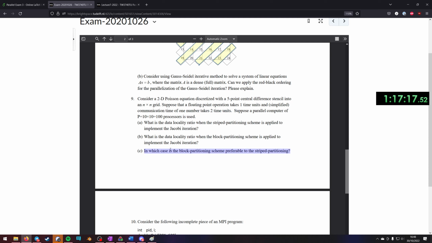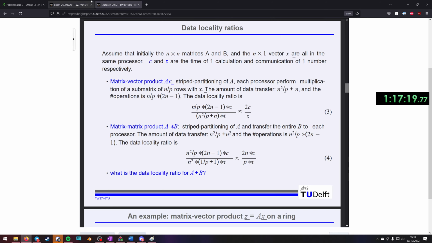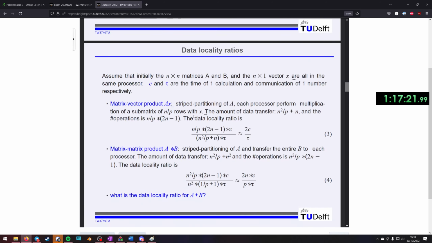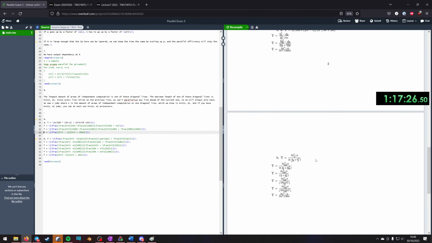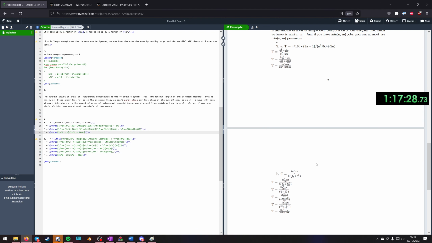In which case is it preferable? So I'm probably missing something, but if I had to look at it, I'd say no, it is never preferable.